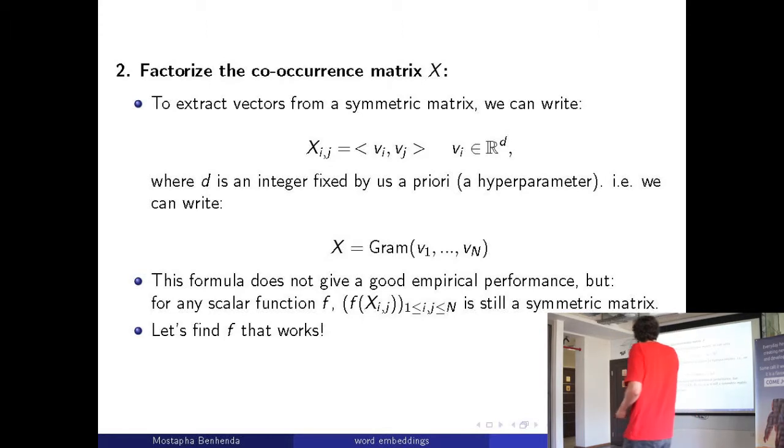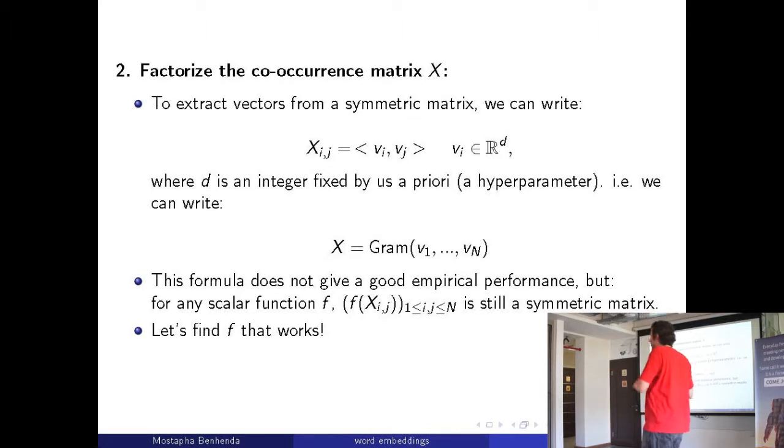So for this factorization, you have your symmetric matrix. Once you have a symmetric matrix, if you did some mathematics in your childhood, you know that a symmetric matrix is sometimes a Gram matrix. It represents the scalar products of a family of vectors. And you know that the scalar product is a symmetric operation.